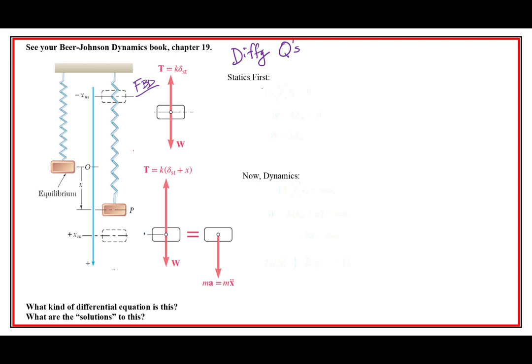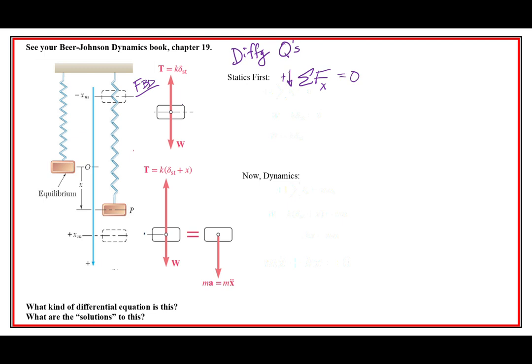So first off, we do the statics of this and find the sum of the forces. And what are they calling this? I guess they're calling it x. I don't like that, but there we go. And they're saying that positive is downwards, so we'll go ahead and stick with that, is equal to 0.